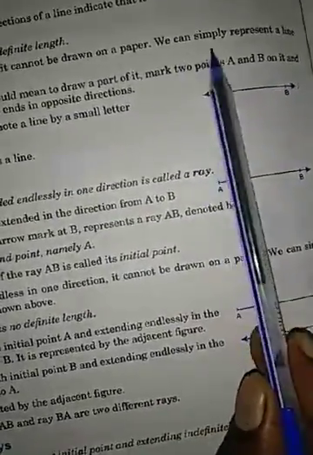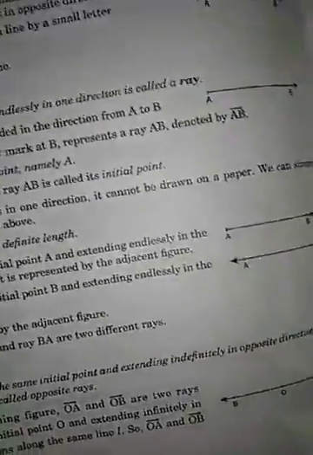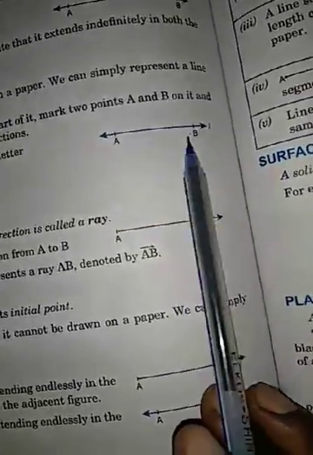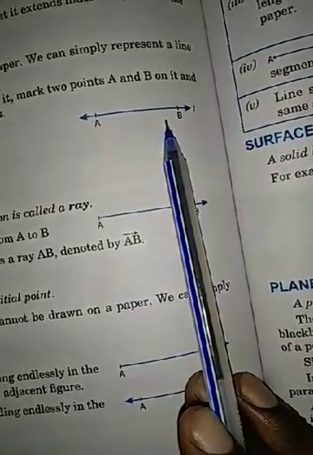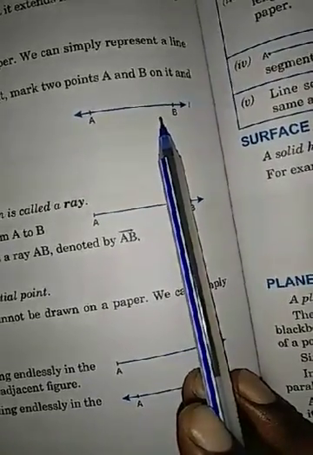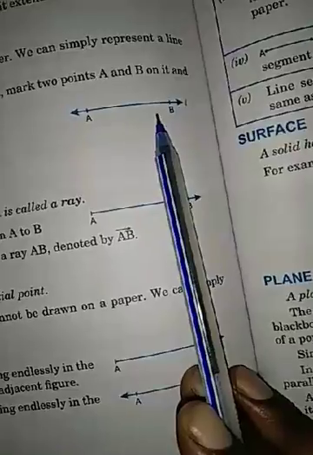Since a line is endless, it cannot be drawn on a paper. We can simply represent a line as shown above. So drawing a line AB would mean drawing a part of it, marking two points A and B on a paper and putting arrow marks at the two ends in opposite directions.